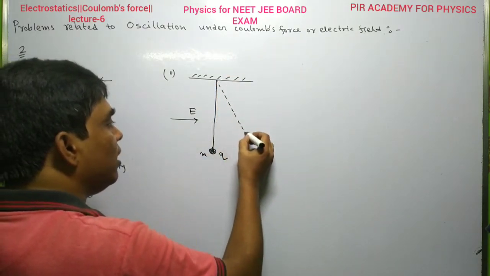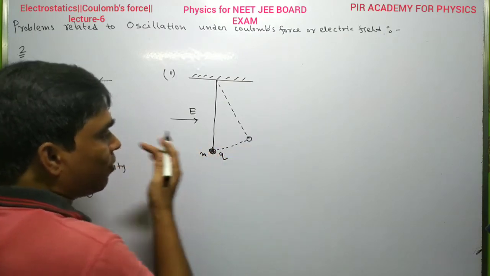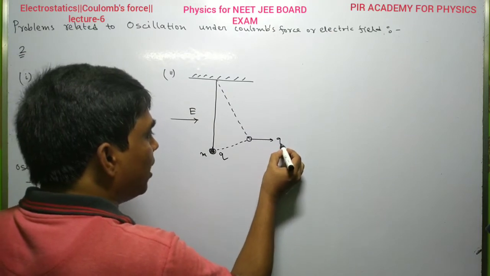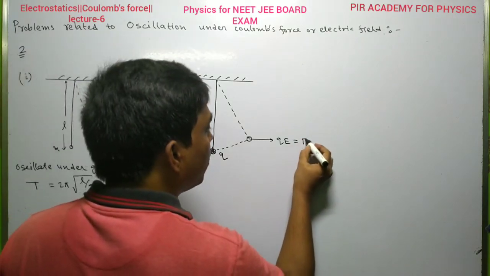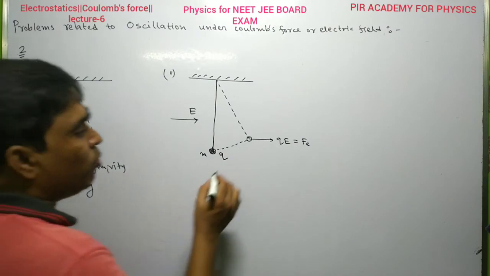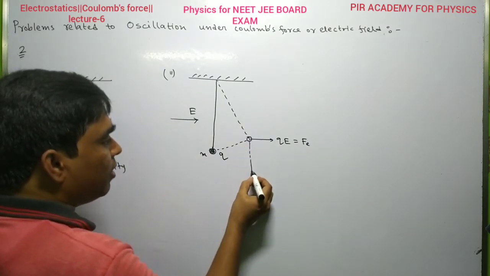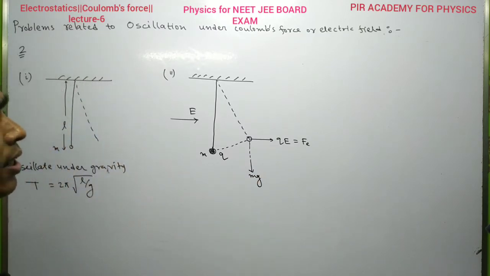So in this condition, the electric force will be along this direction. This is the force due to the electric field. And this will be mg.